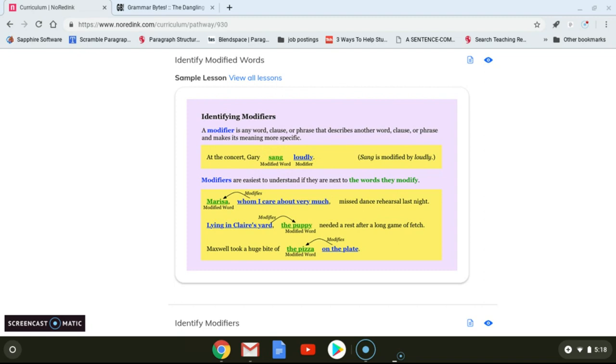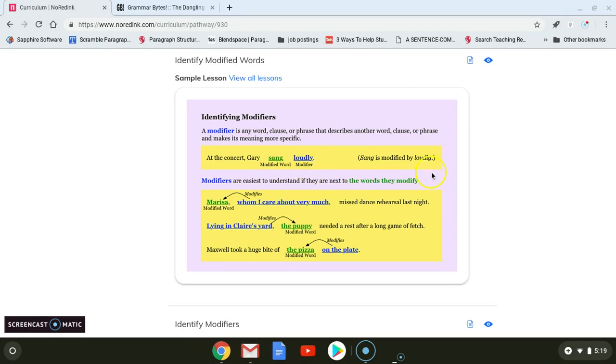Simply put, the job of a modifier is to describe. Adjectives and adverbs are the parts of speech that typically describe. And we can have phrases that function as adjectives and adverbs, and we would call those modifiers as well. So where should the modifier be placed?